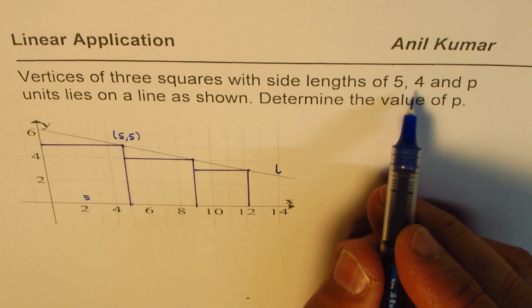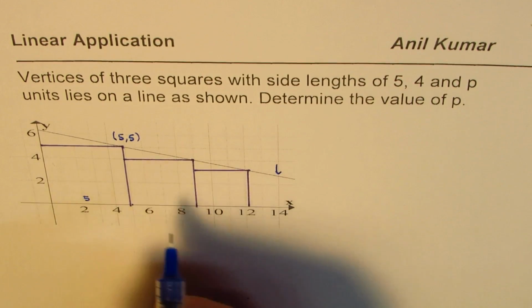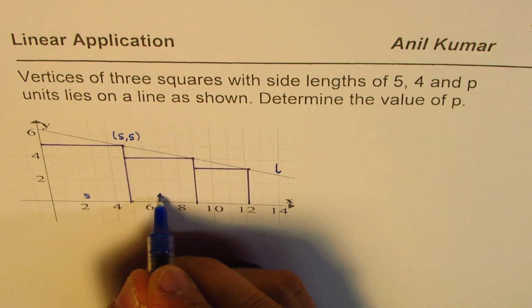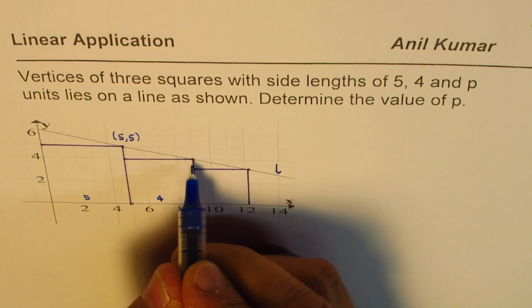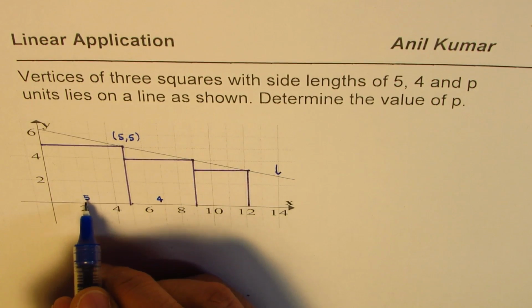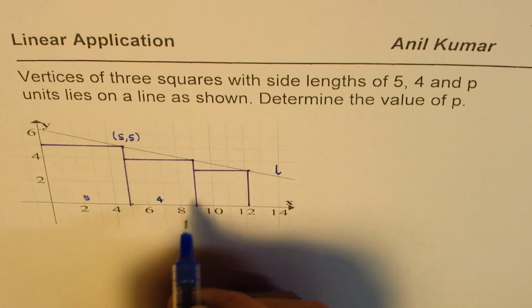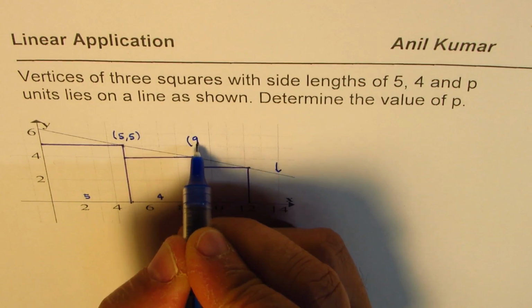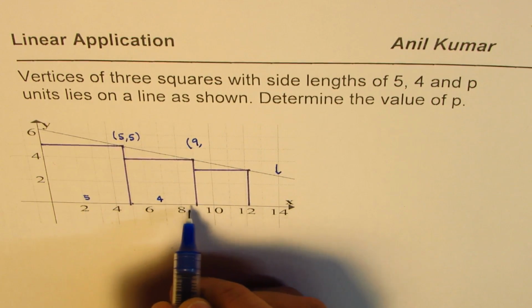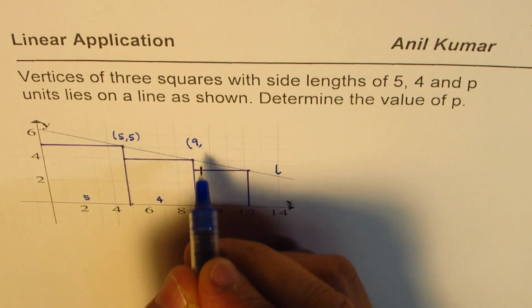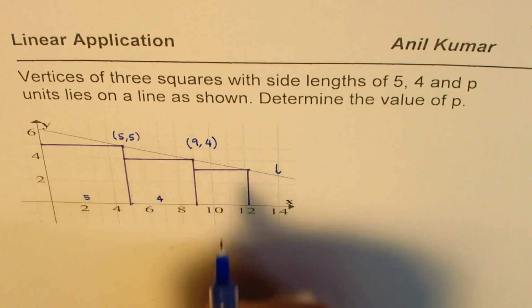The next one has side lengths of 4 units. So this is the next square, and therefore the coordinates of this point on the line will be 5 plus 4 is 9, right? So this x coordinate will be 9. Since the side length is 4 units, the y coordinate will be 4.